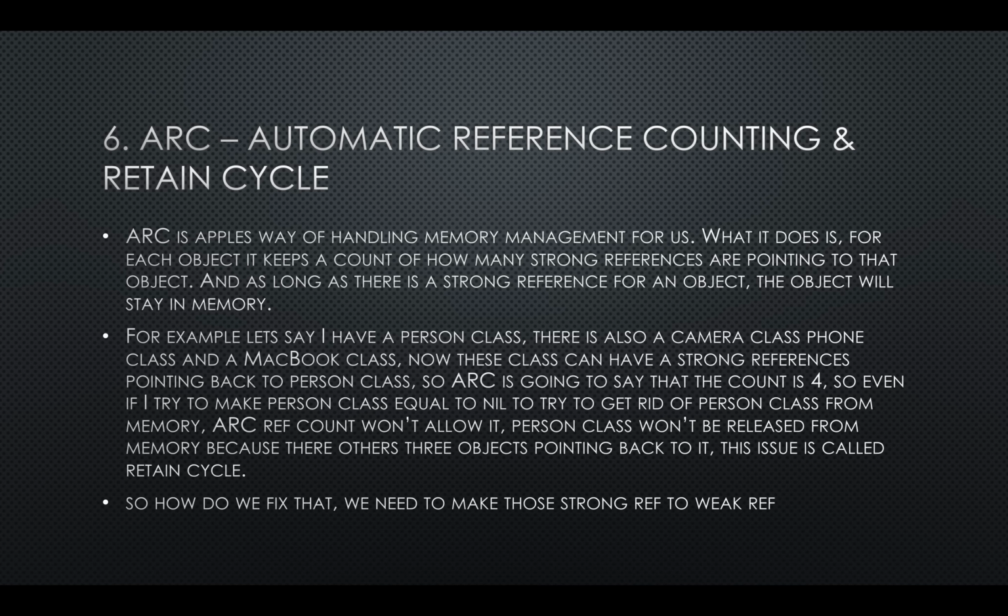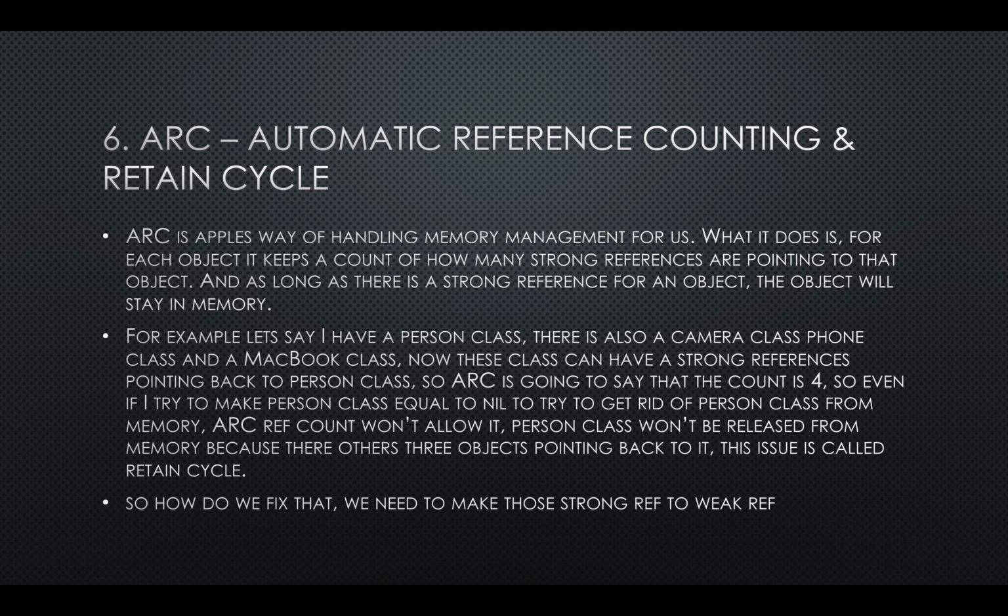As long as there is a single strong reference pointing to that object, the object will stay in memory and it will never be null. So for example, let's say I have a person class, and there is a camera class, a phone class, and a MacBook class.